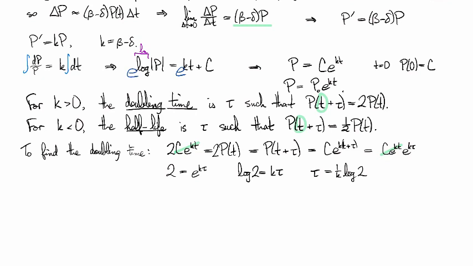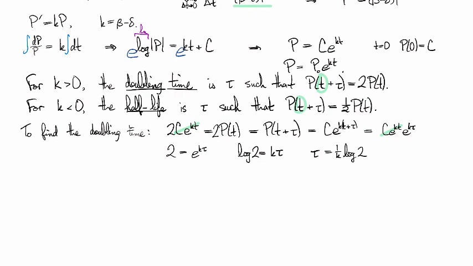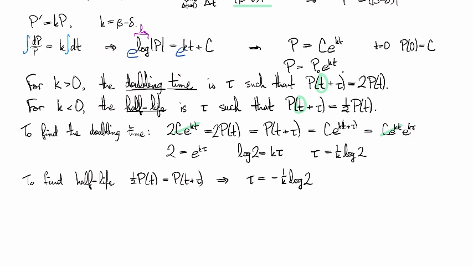And then for the half-life computation, it's exactly the same, except that the sign of k is different. To find the half-life, we look at where 1/2 P of t is equal to P of t plus tau, and going through the same steps, we find that tau is equal to minus 1 over k log 2.